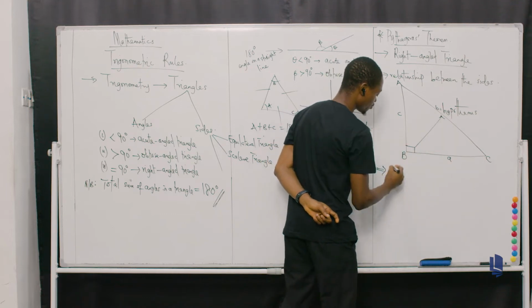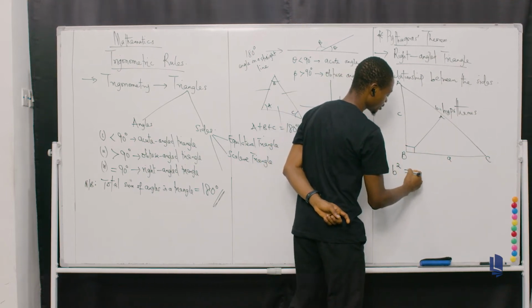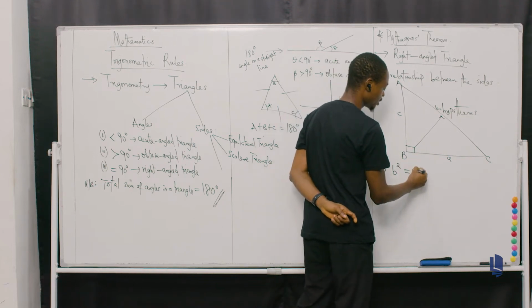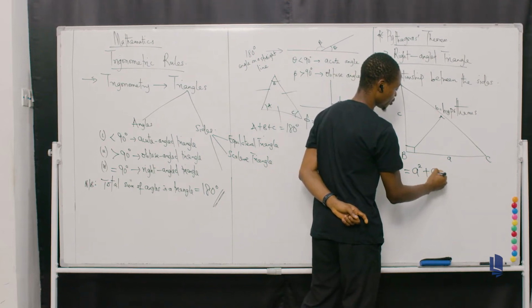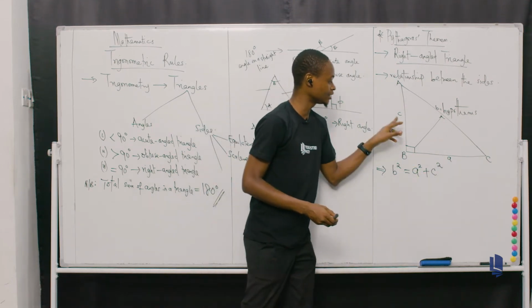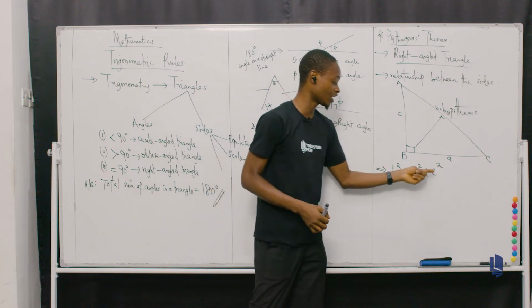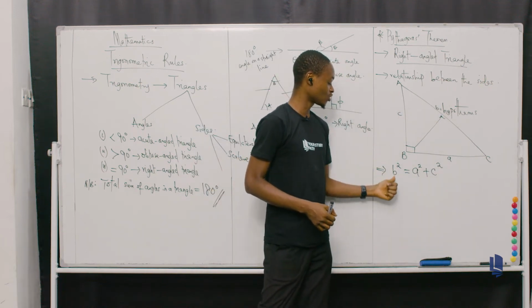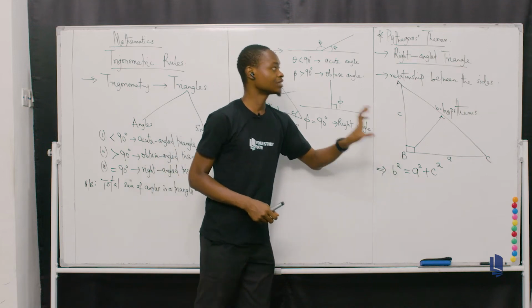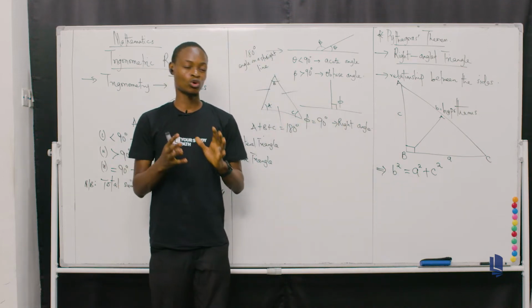The square of the hypotenuse, that is b squared, is equal to the sum of the squares of the other two sides, that is a squared plus c squared. a and c are the other two sides, so the sum of their squares is equal to the square of the hypotenuse side. This is what the Pythagoras theorem postulates.